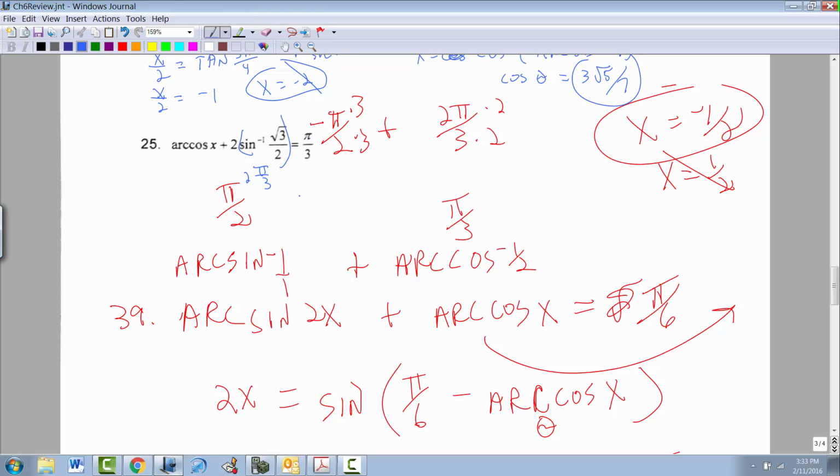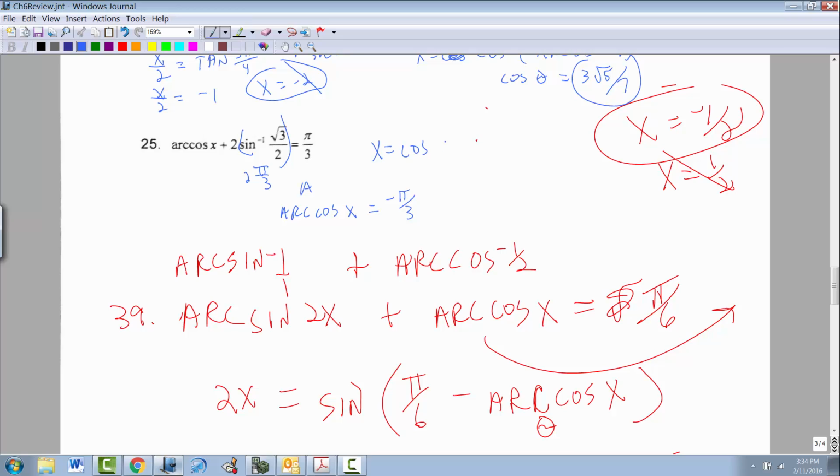So when you subtract 2 pi over 3 from both sides, what you're left with is arc cosine of negative pi over 3. Then you cosine that.